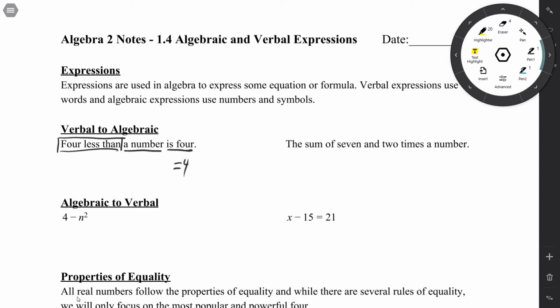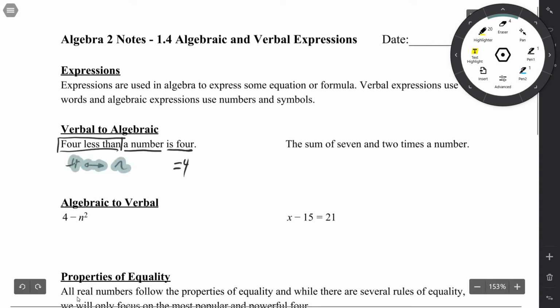4 less than, so negative 4, a number is 4. I like to write these backwards sometimes too. Once I understand that we're looking at a negative 4 and some number, we'll just use n as an example, we know that these are going to be combined, and the way that we're combining them is "4 less than," so subtraction.